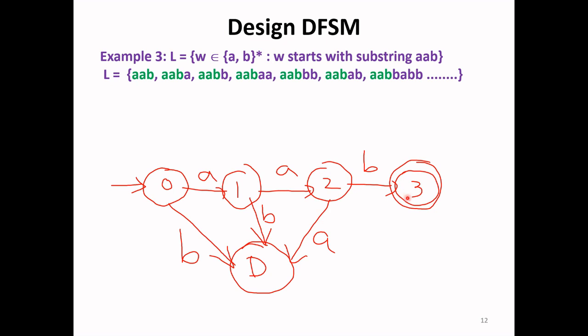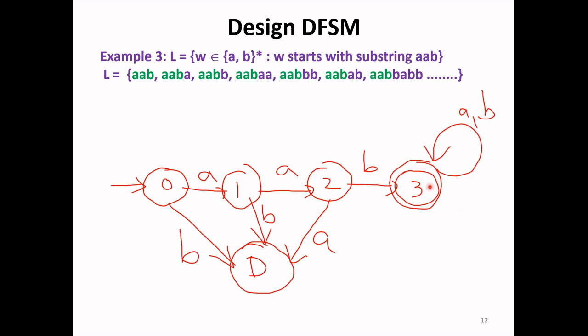Can I have a self loop of A and B on state 3? Let us see. Self loop A comma B. Will it be correct? Just check. It starts with A, A, B, and after that I may have all possible strings of A's and B's.